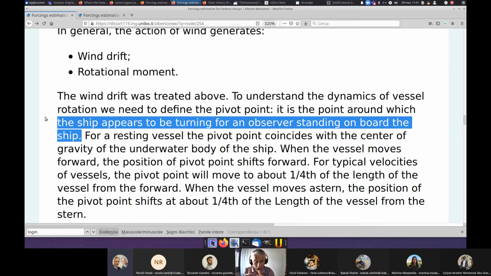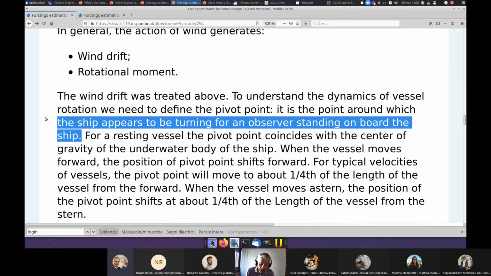The rotation axis of the ship is a vertical axis that passes through the so-called pivot point. So once you define the pivot point, if you draw a vertical line through it, you get the vertical axis.